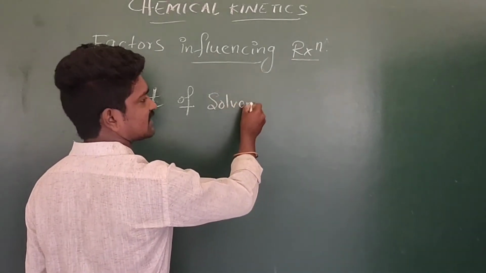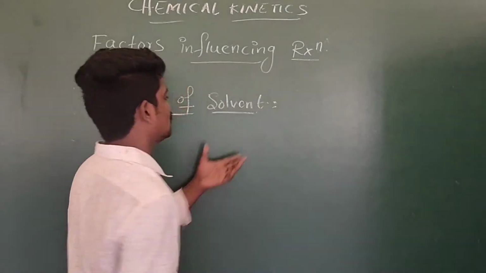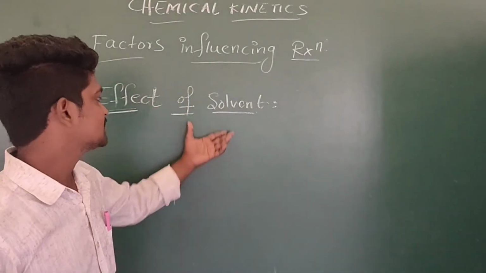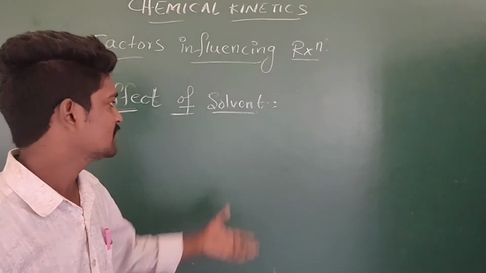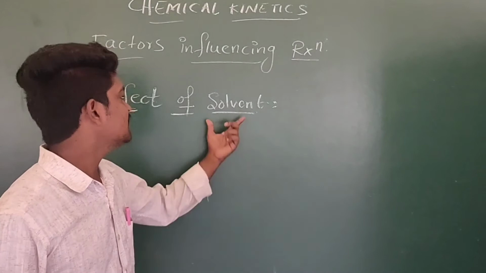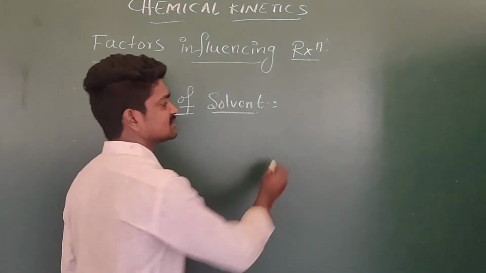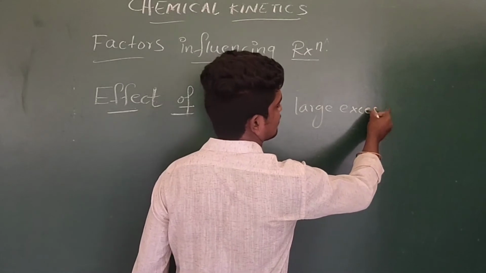So next factor is effect of solvent. So solvent is used in very large excess. It doesn't get involved in the reaction, but it is used in large excess. Why?